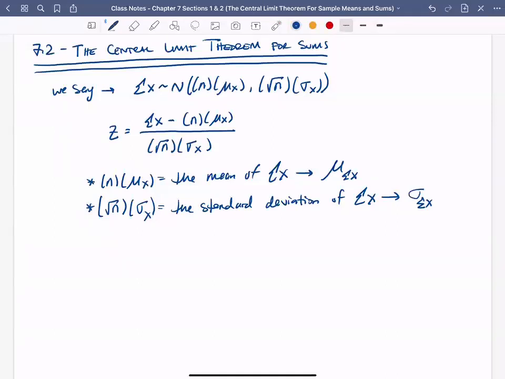All right, let's move to our next example, which would be example 3 in our chapter here. So we're going to say an unknown distribution has a mean of 90 and a standard deviation of 15.